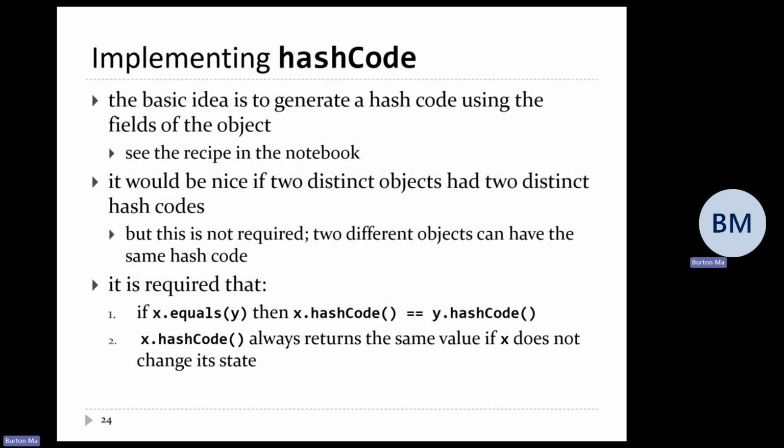Okay, so what do I mean by consistent with equals? What I mean is if x equals y is true, two objects are equal, then it must be the case that their hash codes are equal.